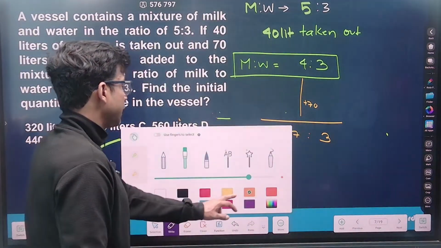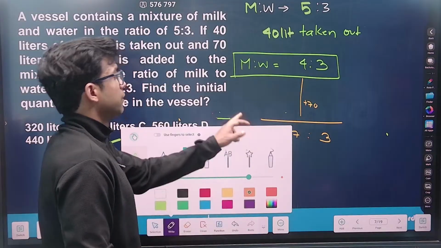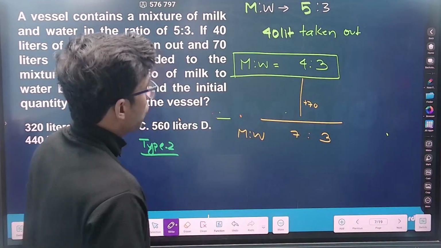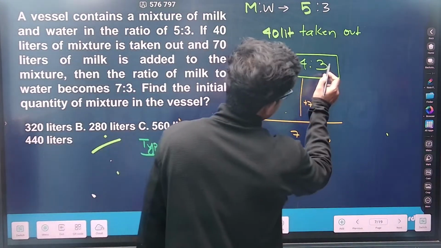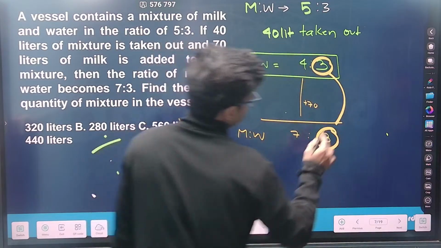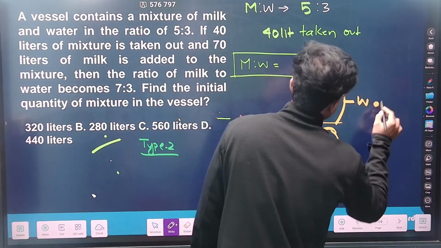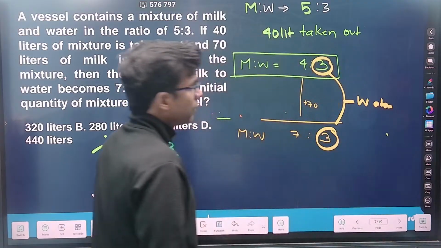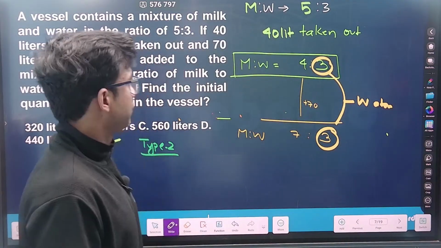Now we can think in a process that if milk is added, then water remains the same. You can see that the water is automatically the same. Is it fine, everybody?